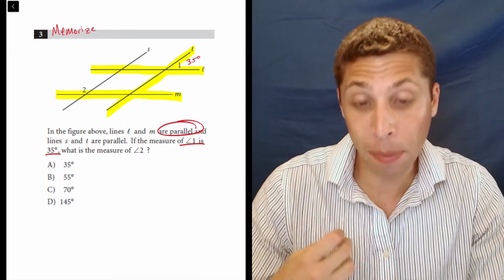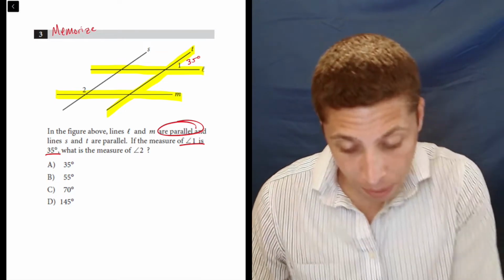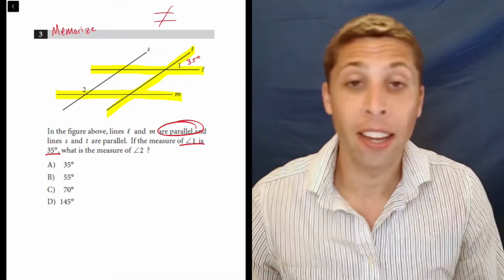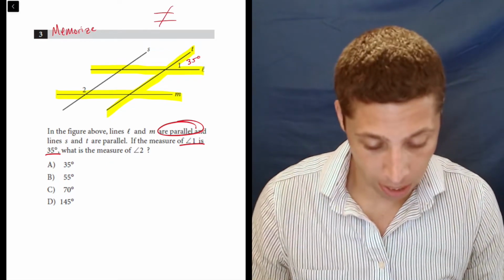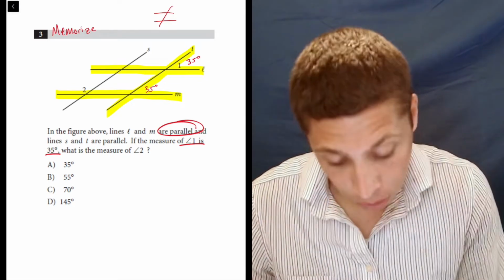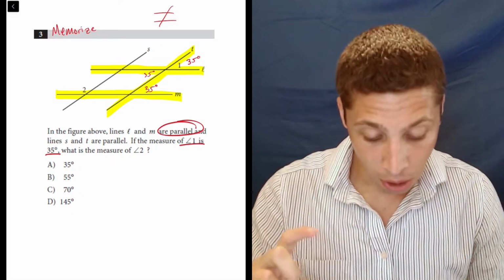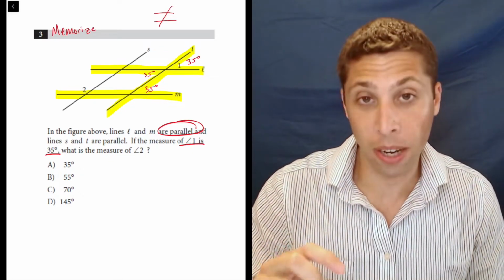And so it might be disguised like it is here because there's so much going on, but you want to really make pictures that kind of look like that, you know, bent railroad track, okay? So that means that this angle in here is also 35. So the two alternate interior angles are the two 35s that weren't labeled here.